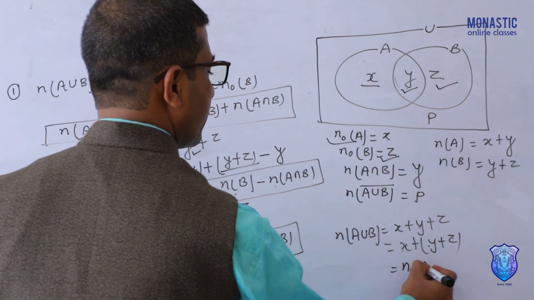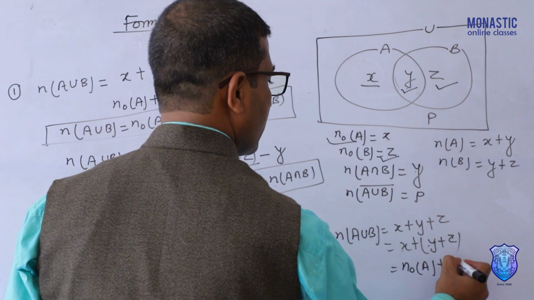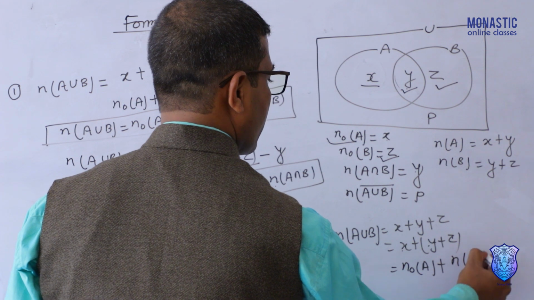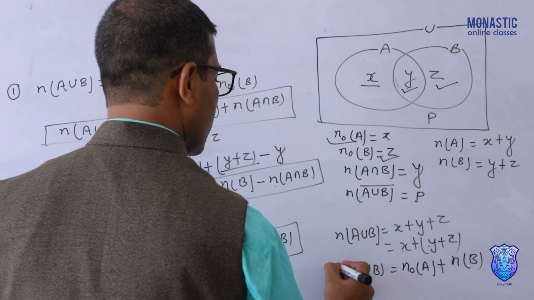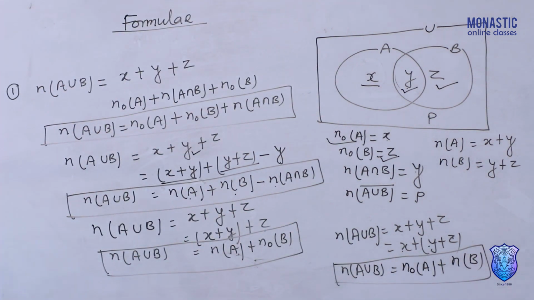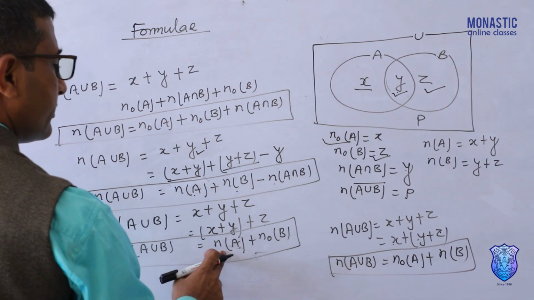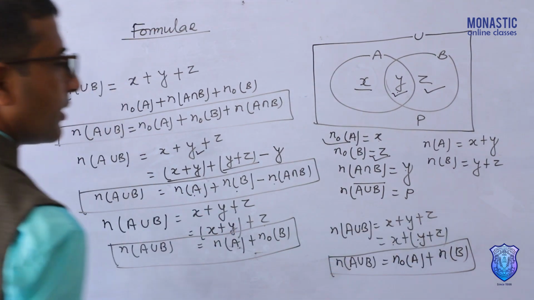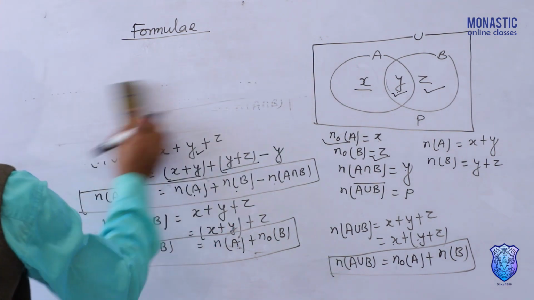Number of only A. y plus z represents number of B. So we have the fourth formula: number of A union B is number of only A plus number of B. The third was number of A plus number of only B; here it changes to number of only A plus number of B. So we have written four formulas so far.